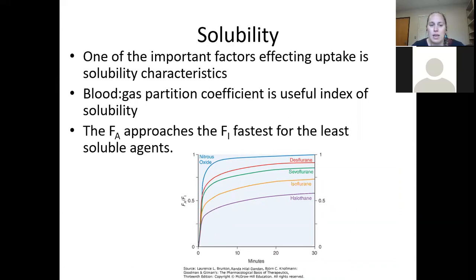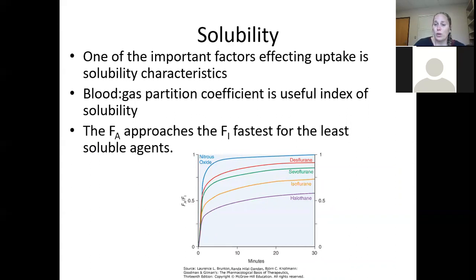And so it's going to be that FA to FI ratio that's also going to help be a predictor of the solubility. Here the FA approaches the FI fastest for the least soluble agents, and so you're seeing in this case nitrous oxide being on that fastest rate to 1, revealing its lesser solubility.